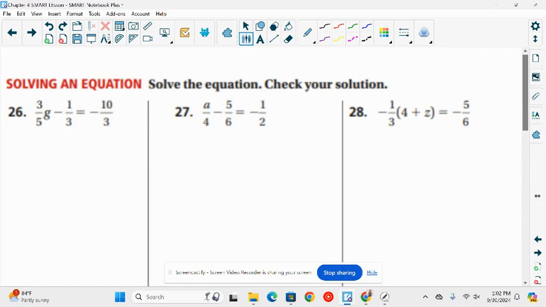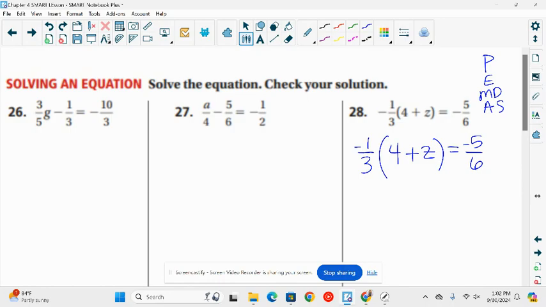let's look at number 28 for a second. I'm going to rewrite it so that I have room. So I have -1/3 parentheses 4 plus z equals -5/6. Once again, I have several things going on. So in my head, I'm thinking, please excuse my dear Aunt Sally.